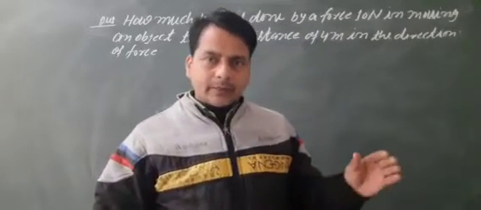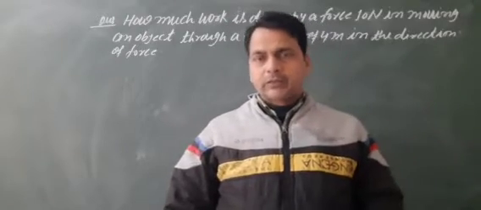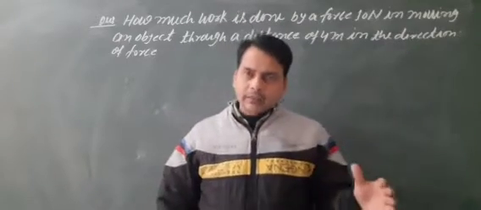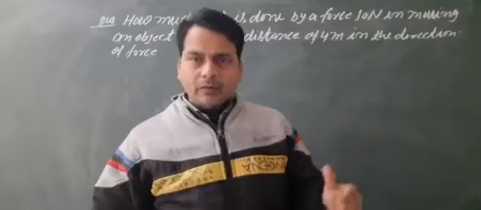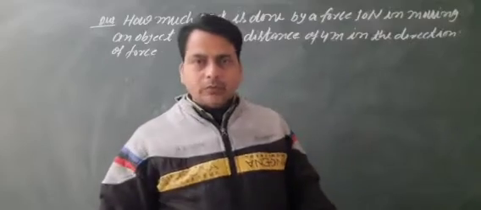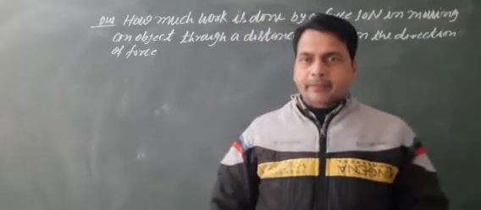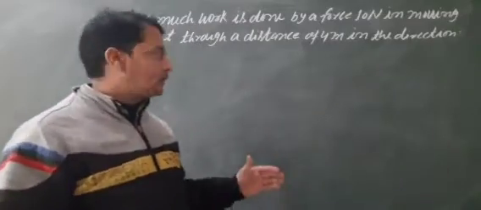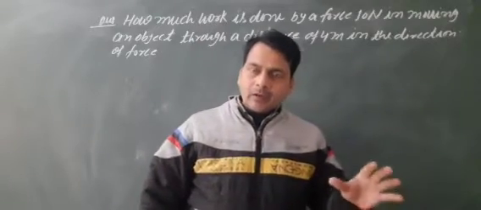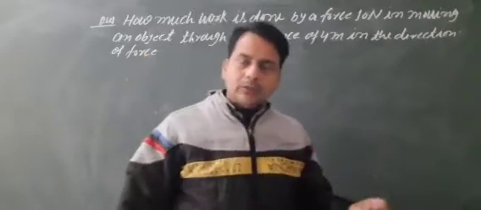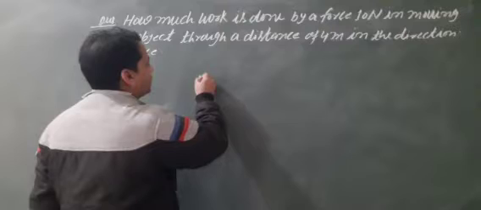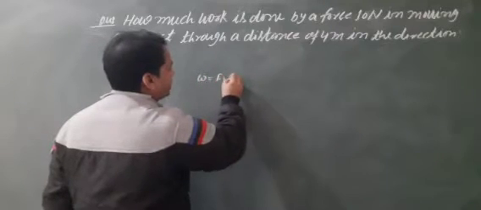On the other hand, if the force acts on an object but the object does not displace along the direction of the force, then work done equals force into displacement into cos theta. So in the first condition, when the force acts on the object and the object is displaced along the direction of the force, we will use the formula W equals F into S.